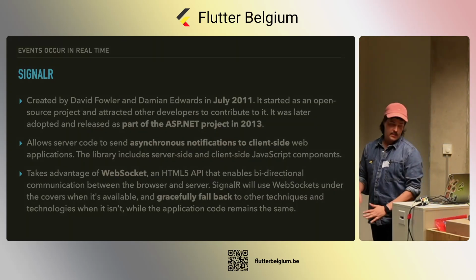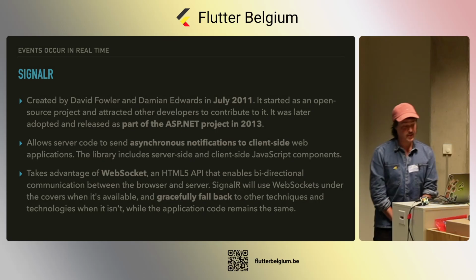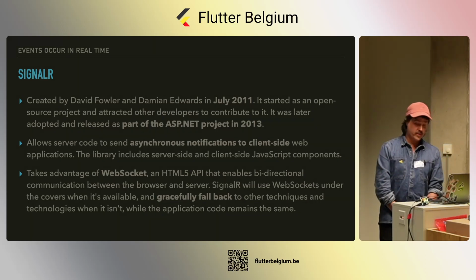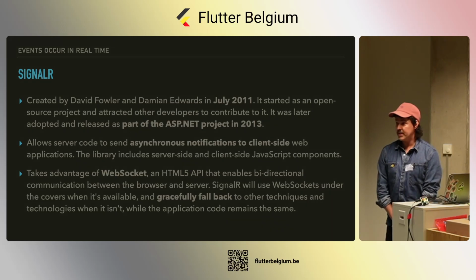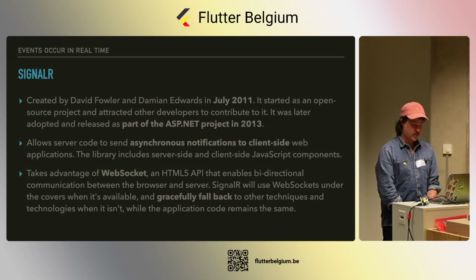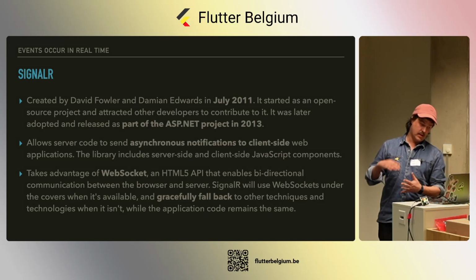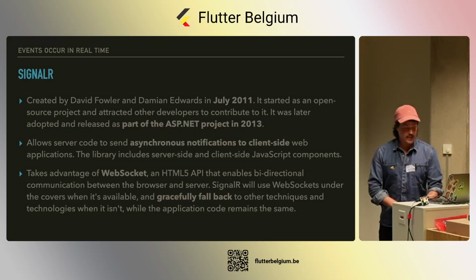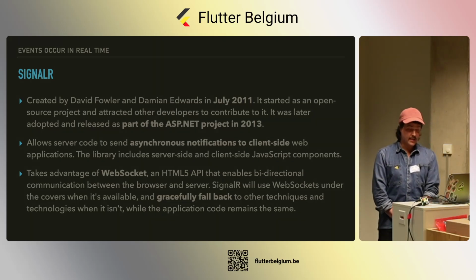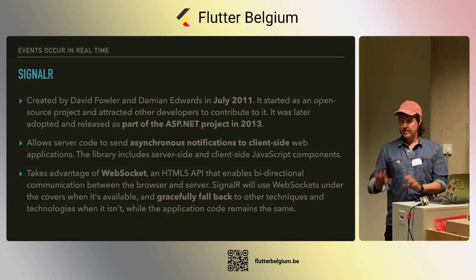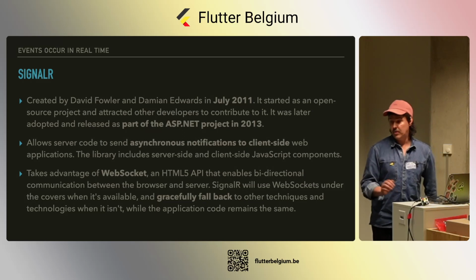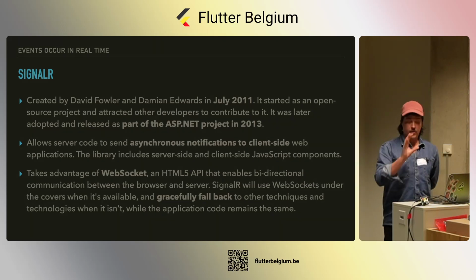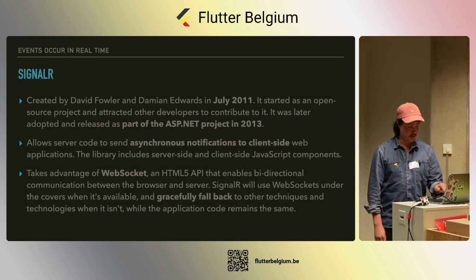SignalR is a project that's been around since 2011, was started as open source, and has been part of the .NET project since 2013. It allows server code to send async notifications to client-side web applications. Still a bit in the web atmosphere. It takes advantage of WebSockets, but it falls back if those are not available.